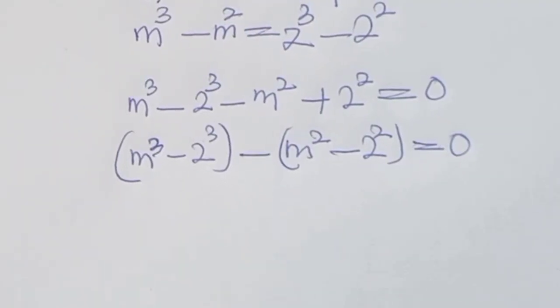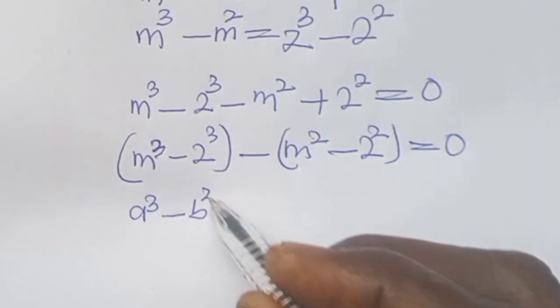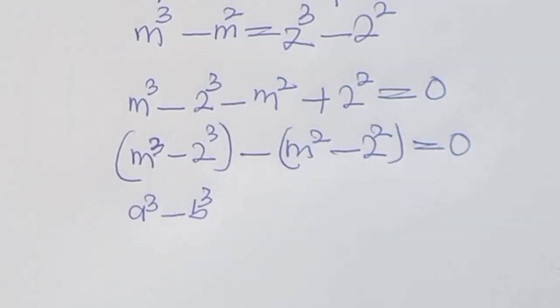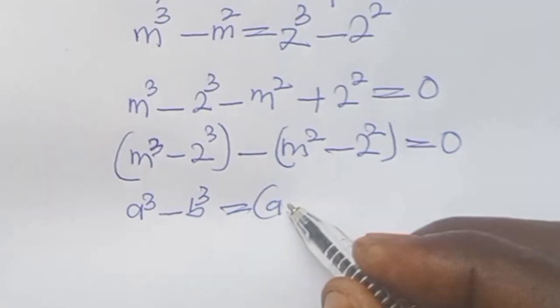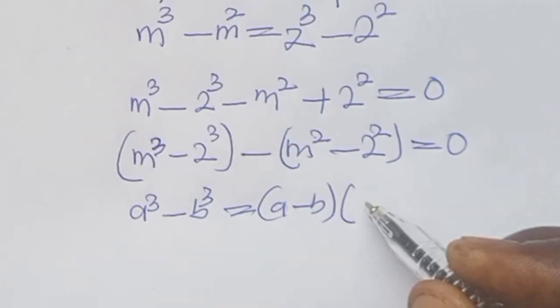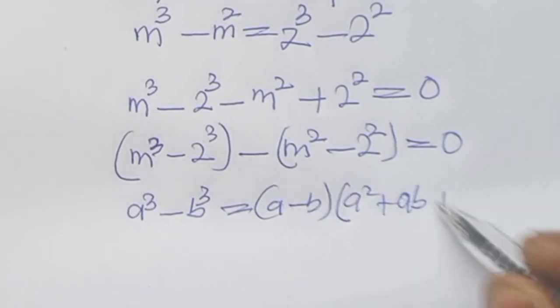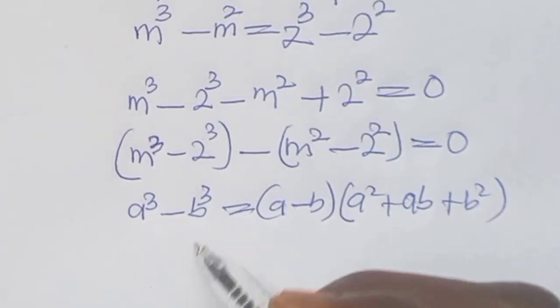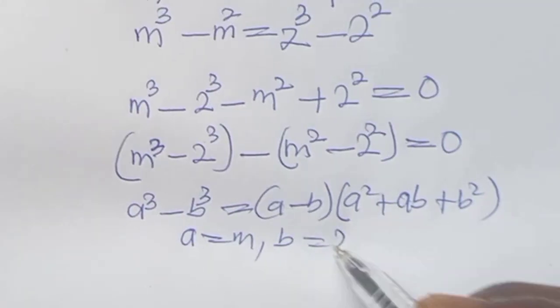And from algebra, a to the power of 3 minus b to the power of 3, the difference of 2 cubes, is represented as a minus b into a squared plus ab plus b squared, where a is m and b is 2.